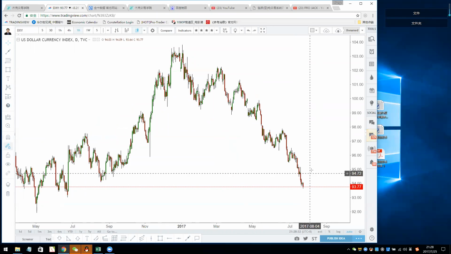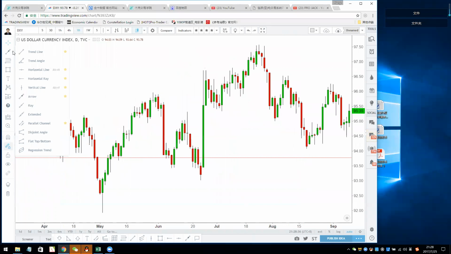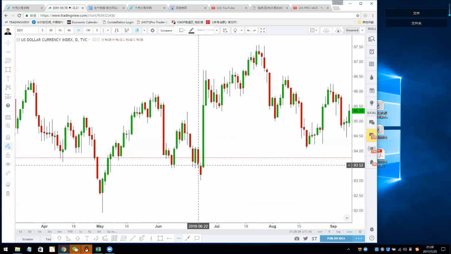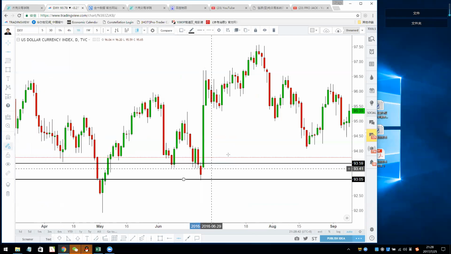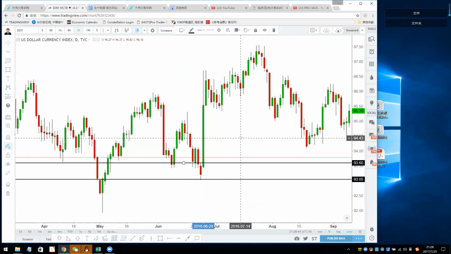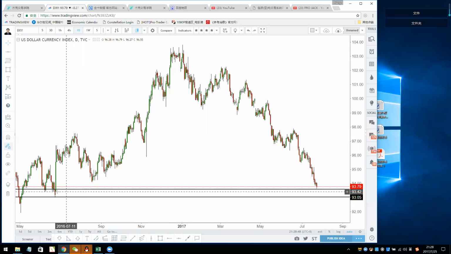It's likely to touch this level, 93.60 to 93.05. This zone is what I'm looking at right now. Basically, that is a potential reversal zone for the DXY.